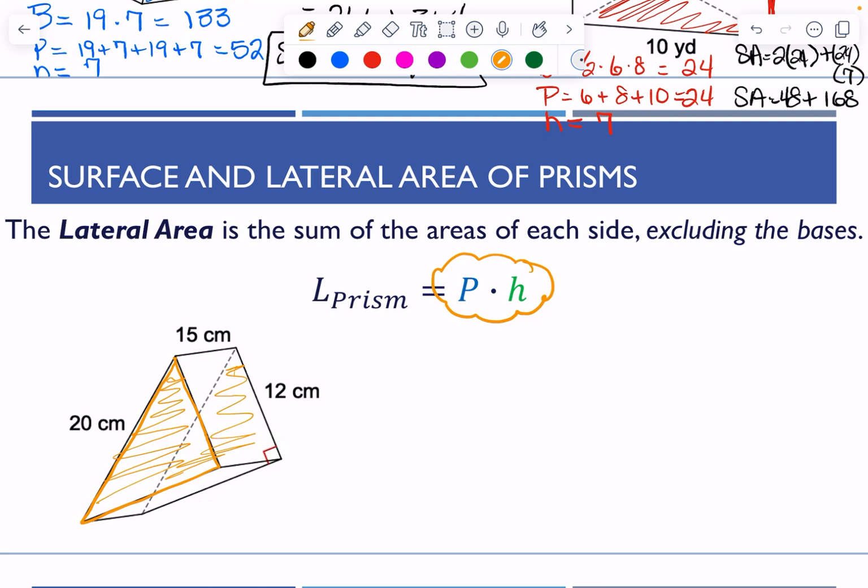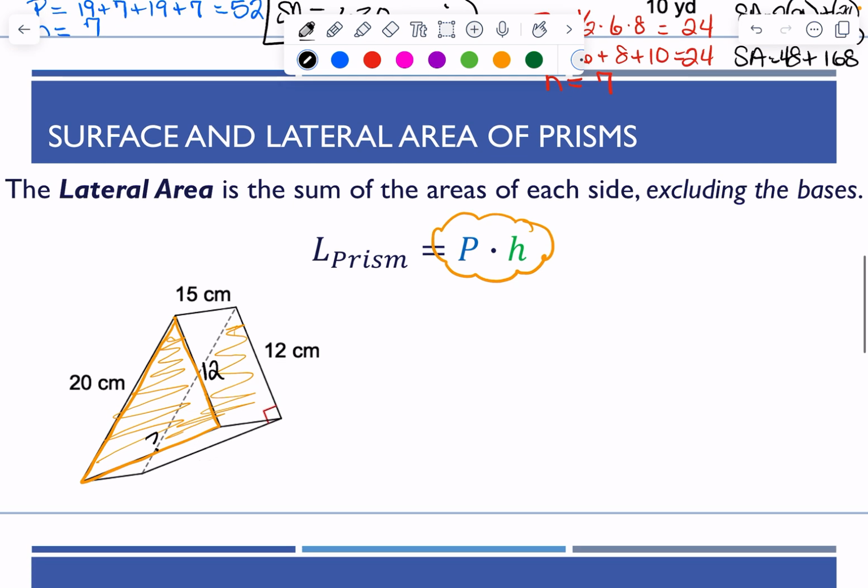So those are my 2 triangles, and I'm not going to worry about those. But now I'm going to need to find the perimeter of that triangle. Now, if I copy this over, I know this is 12. So now we need to know that third side. I'm just going to do some Pythagorean theorem here real quick. x squared plus 12 squared equals 20 squared.